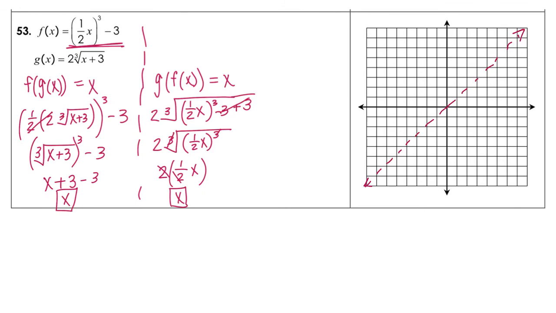So for this one, keep in mind that it should look something roughly like that, and then you're going to come across the other one that's going to be flipped over, and it's going to do something like that. And again, y'all can use your graphing calculators to help you with those.